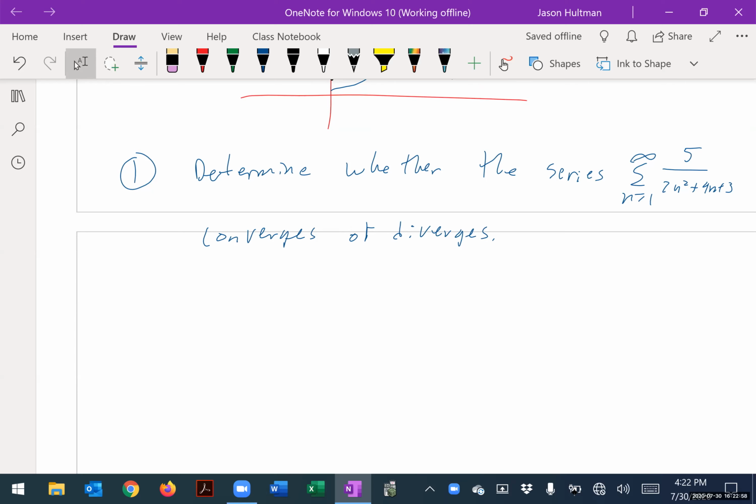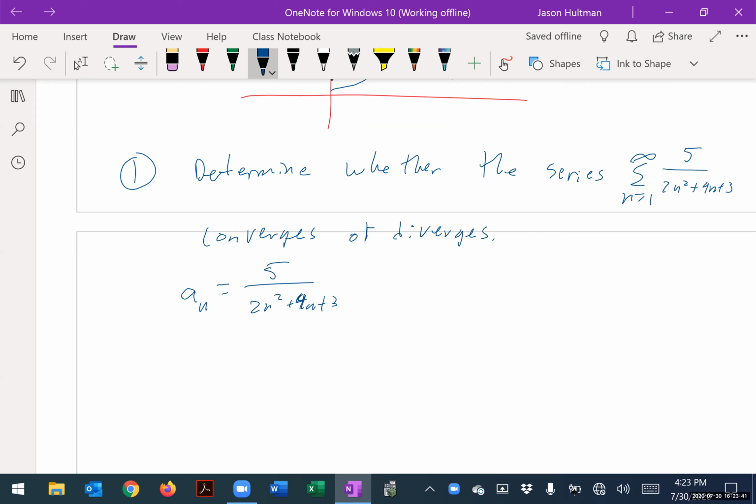Cool. So what would I like to compare this thing to? Let's say that this is A sub n. A sub n is equal to 5 over 2n squared plus 4n plus 3.